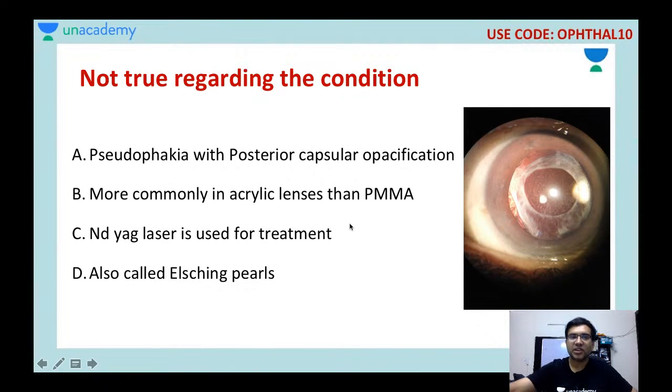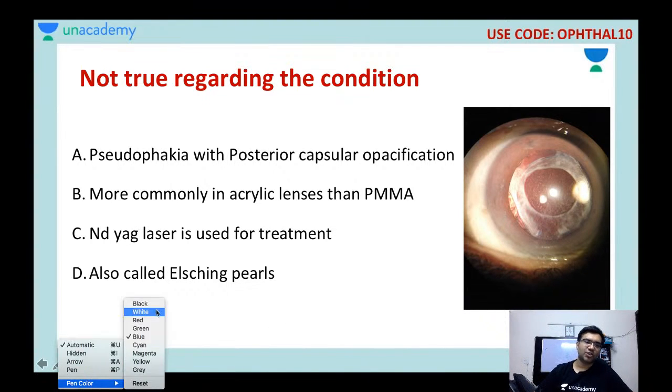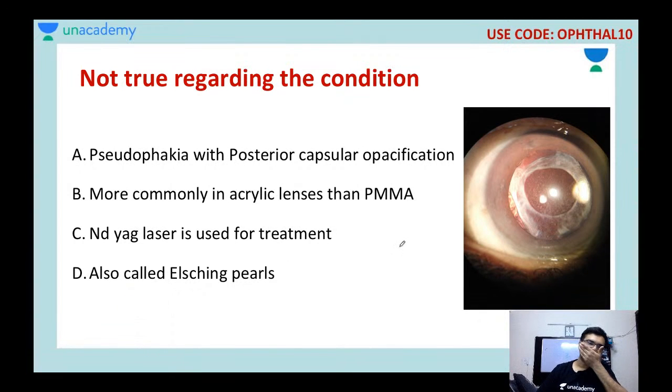Next question: which is not true regarding this condition? This is pseudophakia with posterior capsule opacification, more commonly in acrylic lenses than the PMMA. ND-YAG laser is used for the treatment, also called Elschnig pearls. This is my last question of the day. So you all know, I told you again also, this is a posterior capsule opacification.